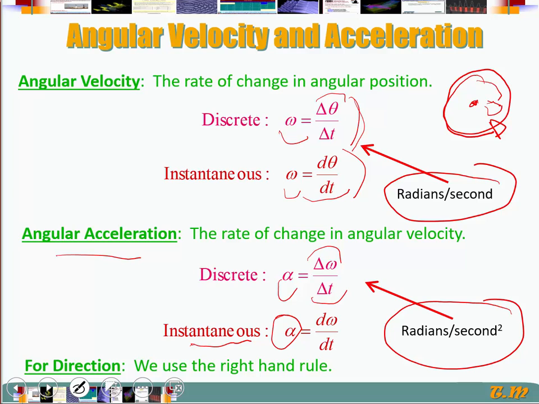So to determine the direction of an angular quantity, we are going to take advantage of that axis. And we'll talk about how we determine the direction along that axis in another recording. But that's the way we determine the direction of theta.